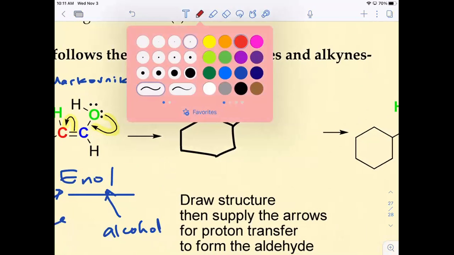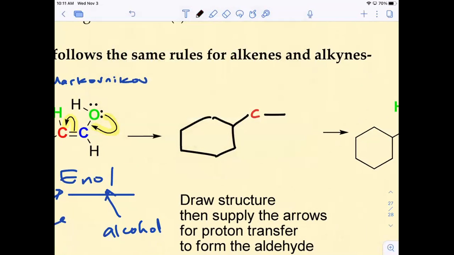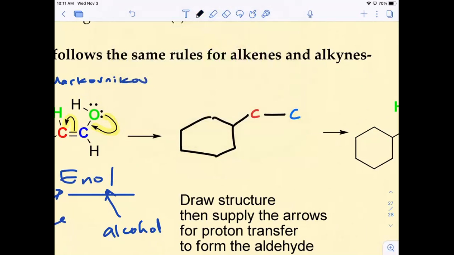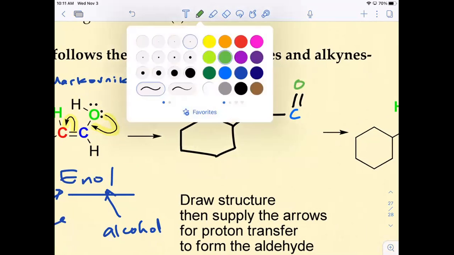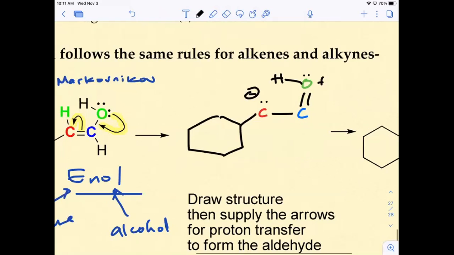But for this carbon, now this becomes, let me just get the color part out of the way. Right, so that's positive, this is negative, and there's a hydrogen here too.